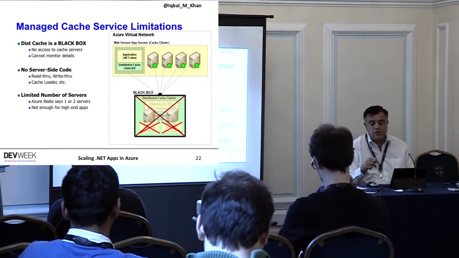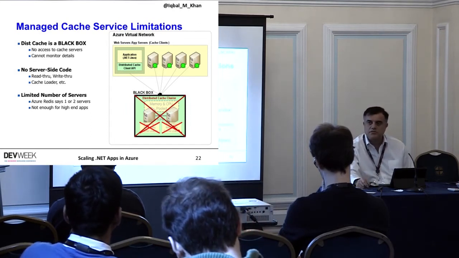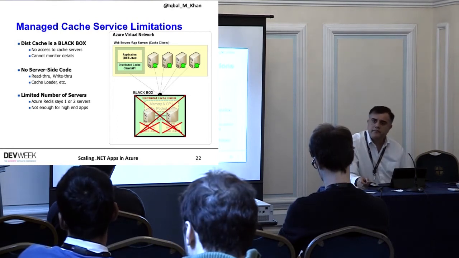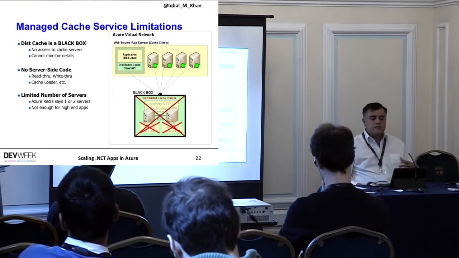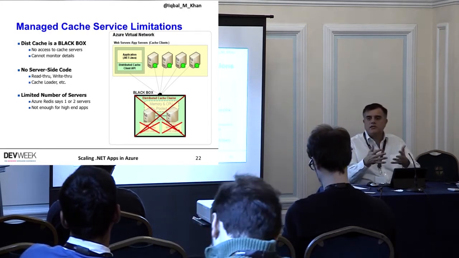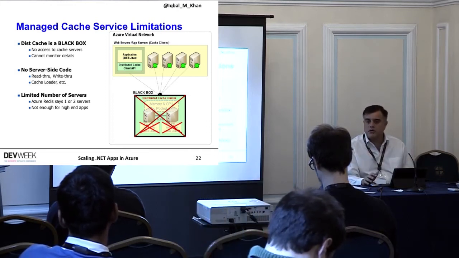But as I said, the only way you can have Redis on a virtual machine is to do it yourself. Yeah. But from the configuration, it will be different, right? Yeah, of course. So it'll be just like you're doing it on-premise. You have the VM, and you install the distributed cache on it, and you configure it and do all that stuff.